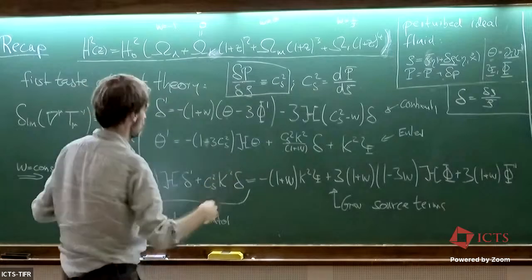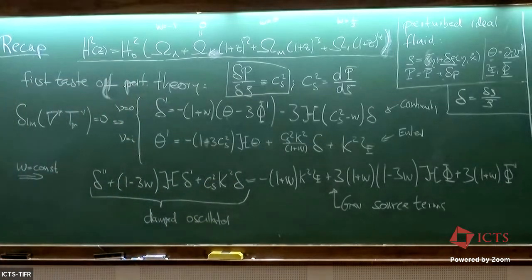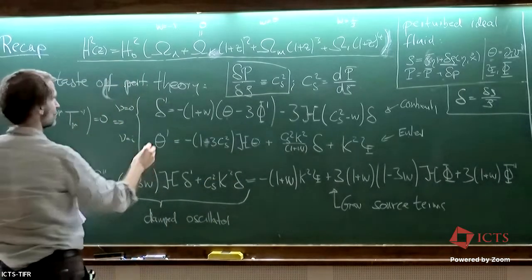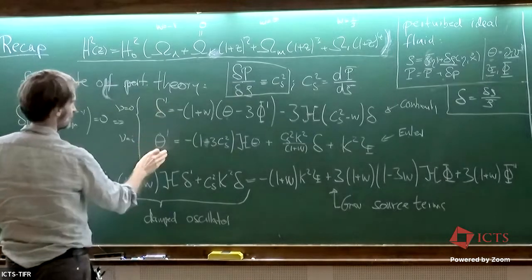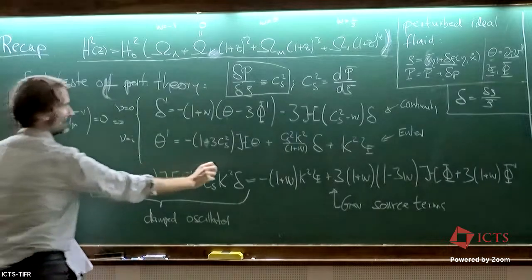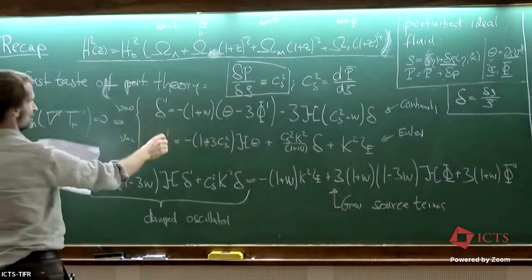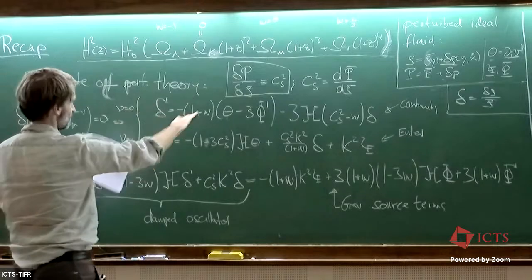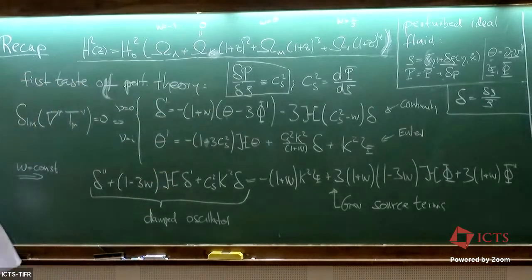So you can write down a closed form equation, well, not entirely closed form, but an equation that doesn't depend on theta anymore. And this is this equation. It's a simple exercise, just differentiating this one, and then using that equation, you should be able to arrive at that equation.